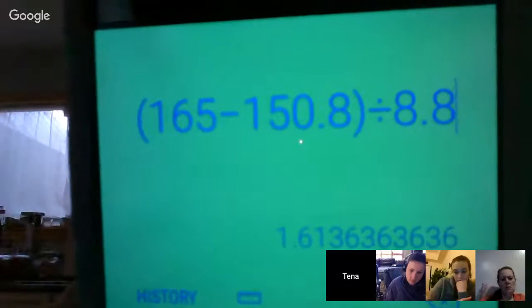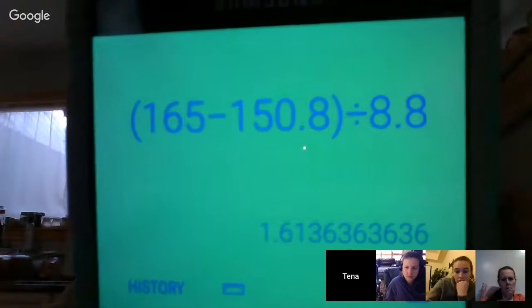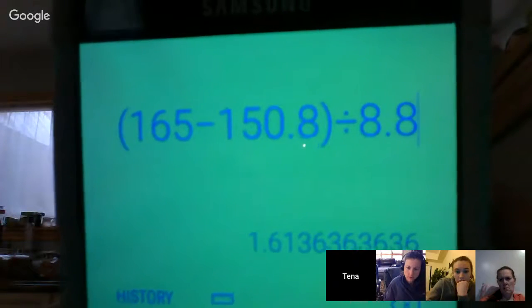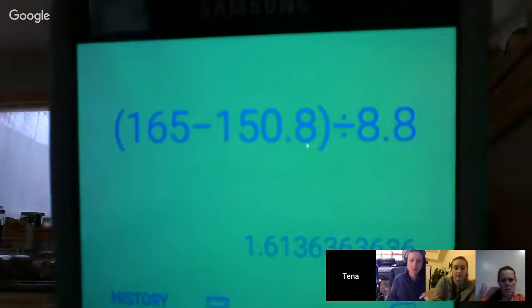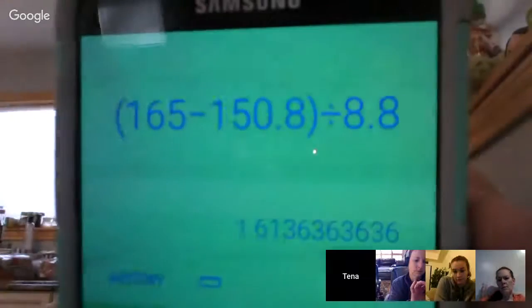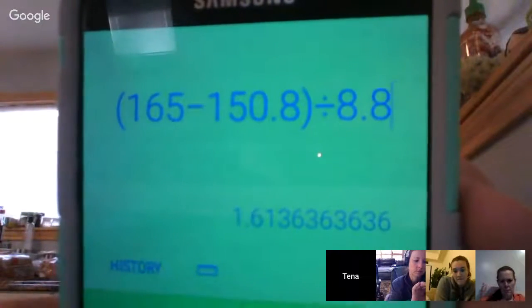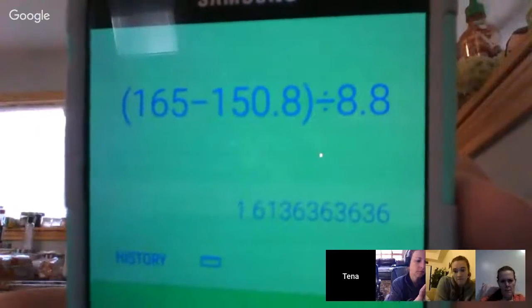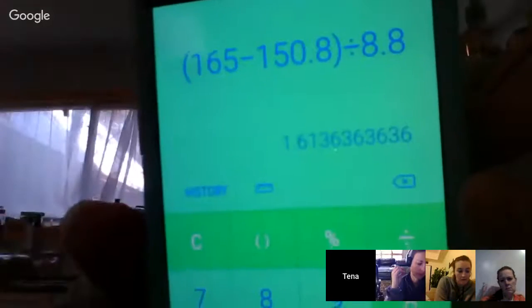Can you see that, Nicole? This is how you should input it into your calculator: parenthesis 165 minus 150.8, close parenthesis, divided by 8.8. 1.61? Yes.